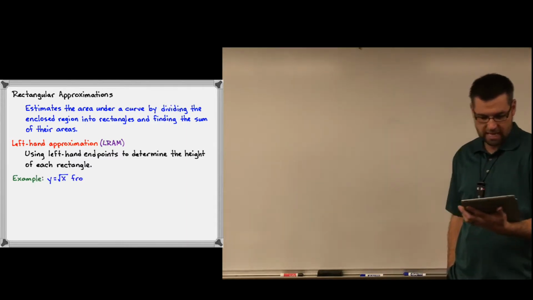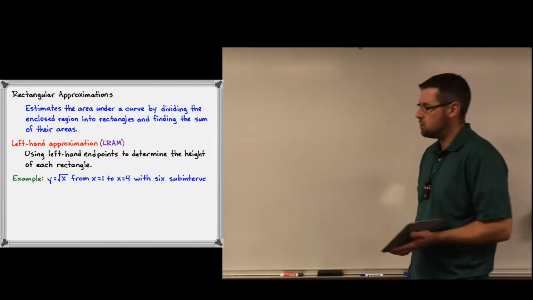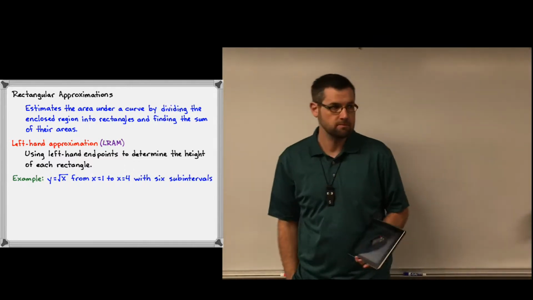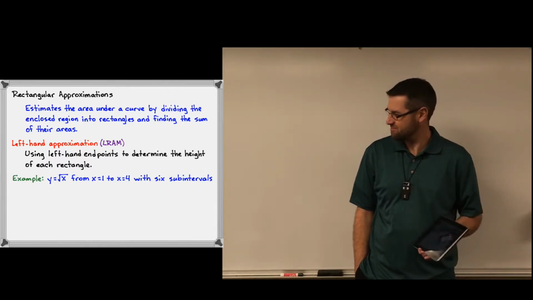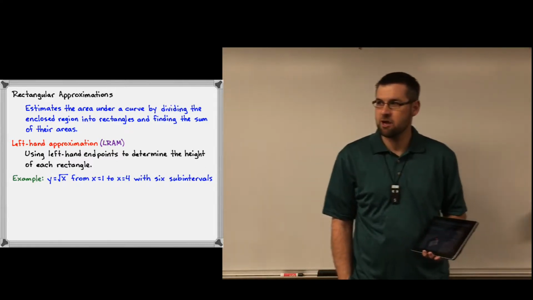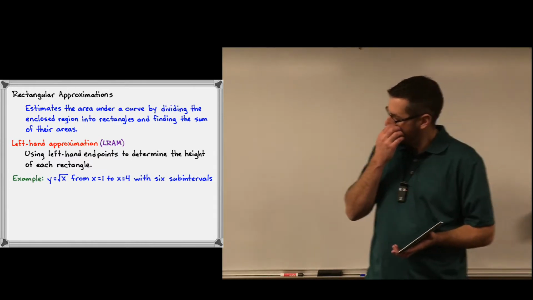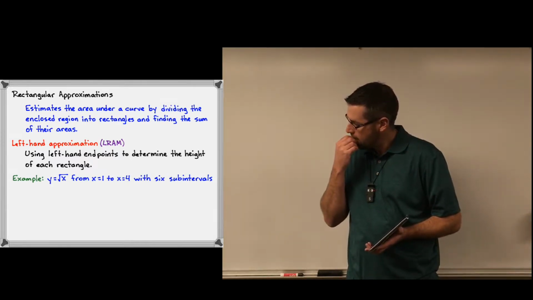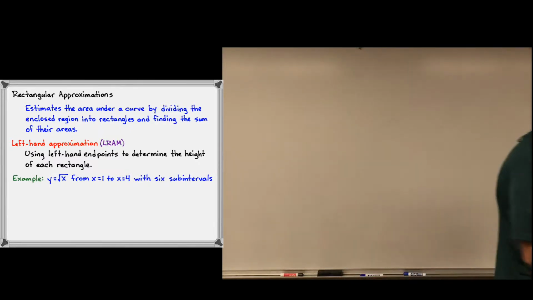So let's take a look at this function, y equals rad x, from 1 to 4 using 6 subintervals. What are we going to do? Type in your calculator, maybe. Actually, let's do this by hand. Let's not use our calculator.